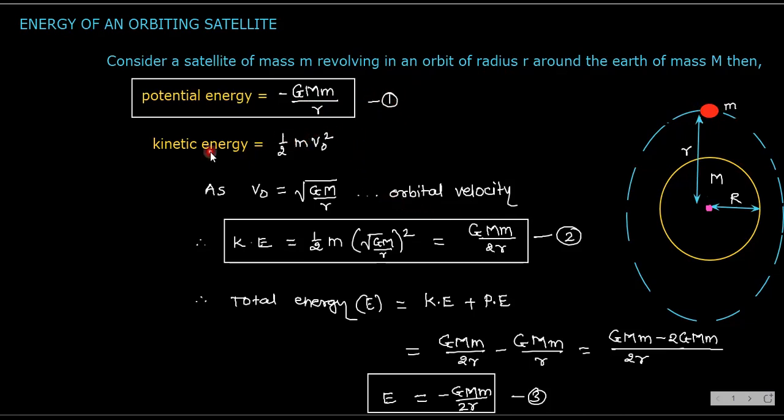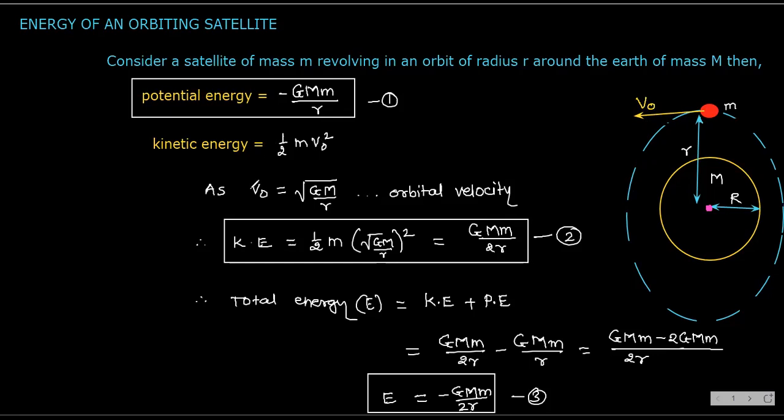Next one, kinetic energy of this satellite. We know this satellite is orbiting with velocity v naught. So this satellite has kinetic energy, which is equal to half m v naught square.